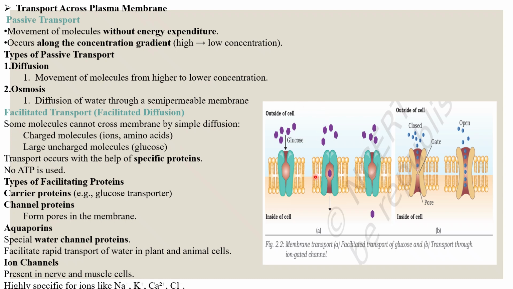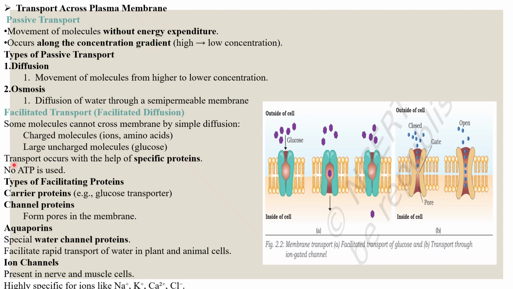They cannot pass the plasma membrane via osmosis. So for them, there are channels or carrier proteins over the plasma membrane, which allow their transport into or out of the cell based on the concentration of the molecules.